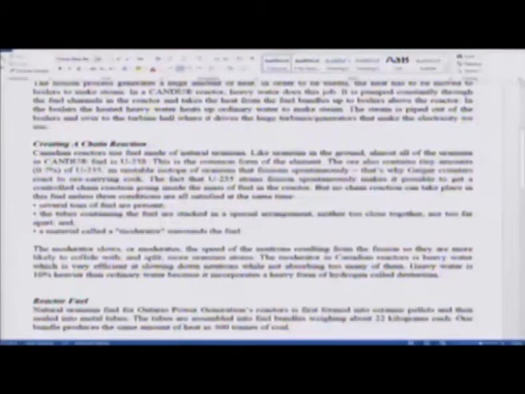So, they are more likely to collide with and split more uranium atoms. The moderator in Canadian reactors is heavy water, which is very efficient at slowing down neutrons while not absorbing too many of them. Heavy water is 10% heavier than ordinary water because it incorporates a heavy form of hydrogen called deuterium.